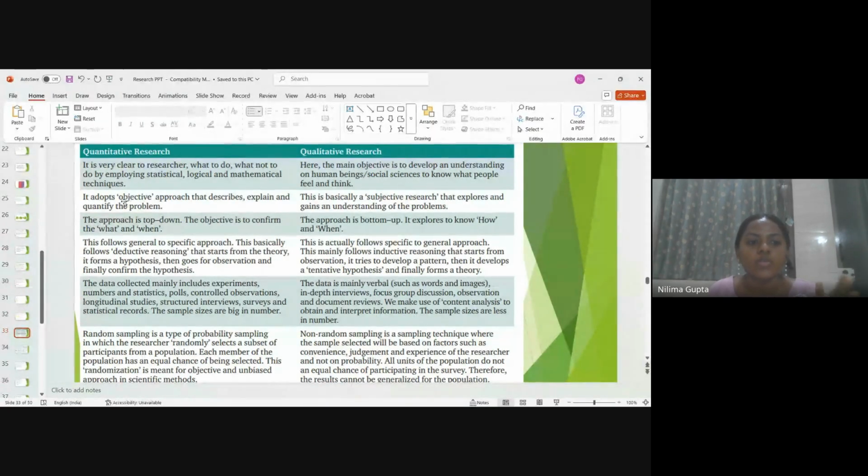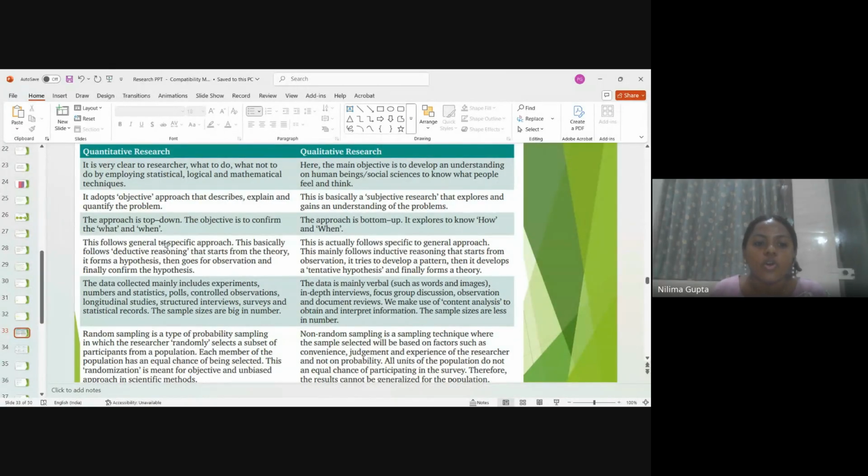Here again the same thing, objective approach, subjective approach. They have given you in a one sentence format, so we have just cut down 2 pointers in our previous slides. So quantitative is a top down, and the object is to confirm what and when. And the qualitative is bottom up approach. We are going right from the very lower level background to upper level and understanding everything.